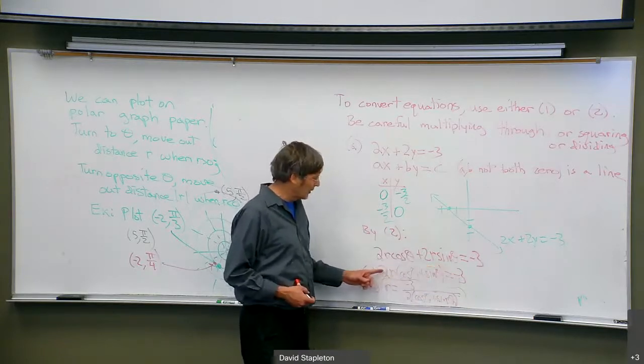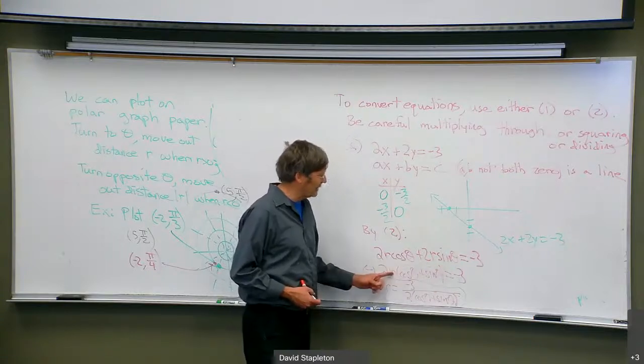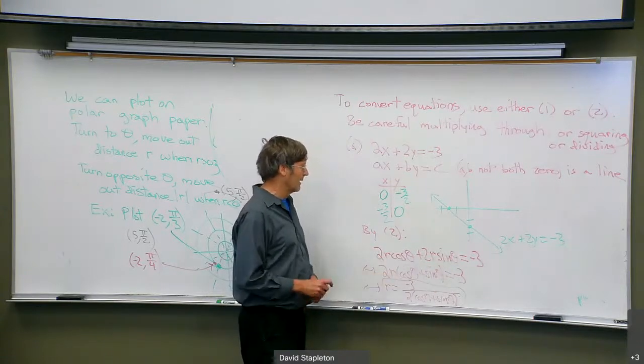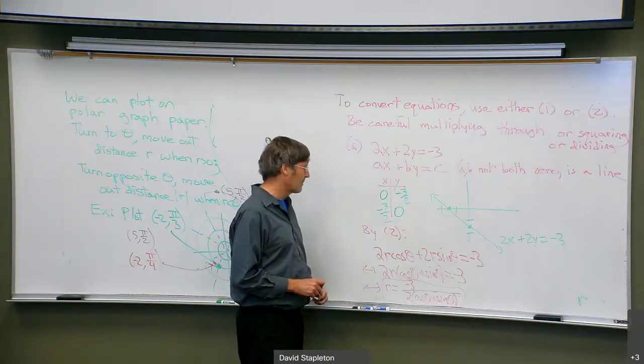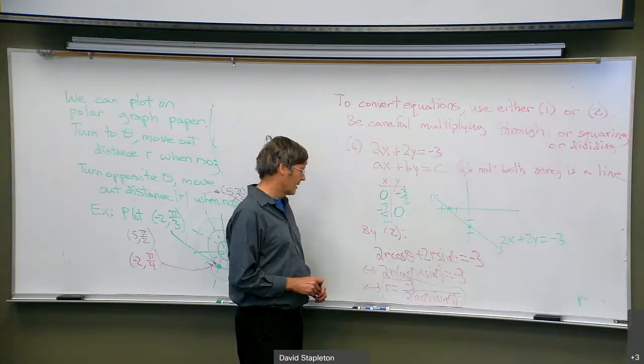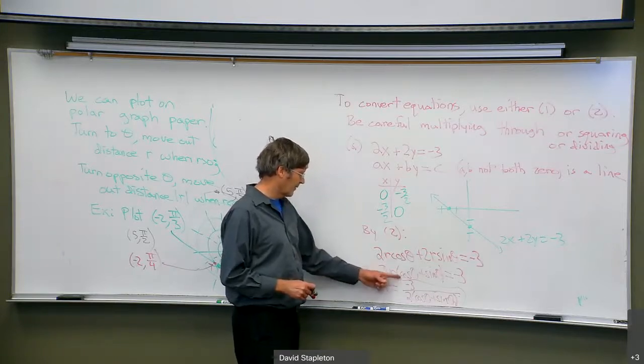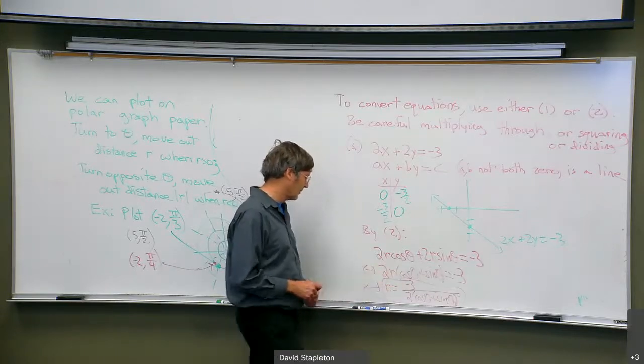So I know that there is no solution to this equation with cosine plus sine equal to 0. Therefore, that's equivalent to this one.